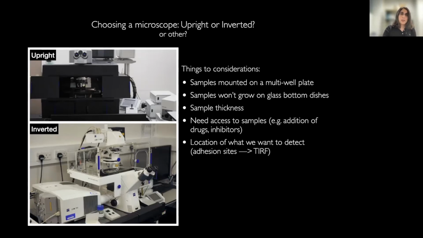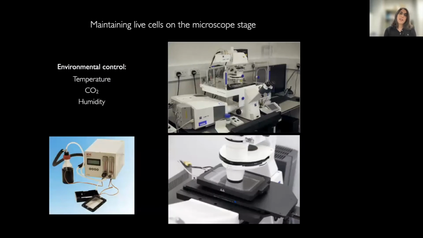Right, so you've chosen the upright or inverted or something else microscope, and you want to maintain the environmental control around your cell. The environmental control will control the temperature, CO2, and humidity. You have two options really.